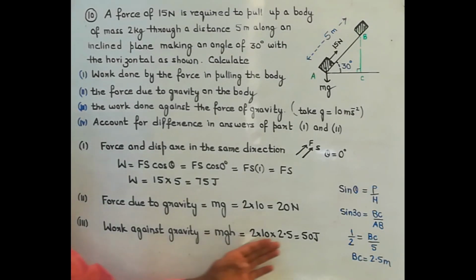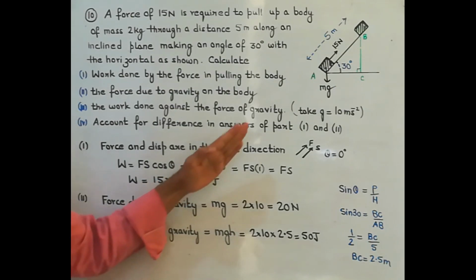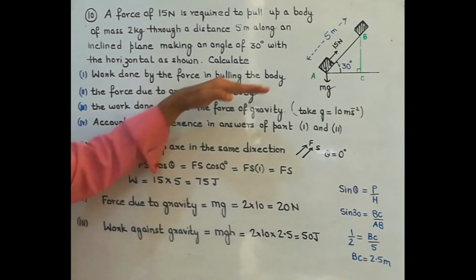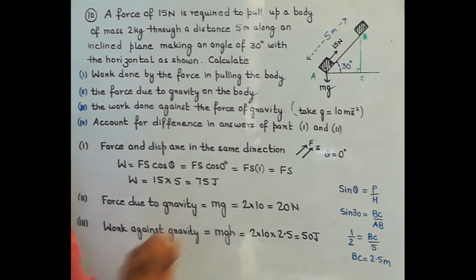We could have done it by using only 50 joule of energy. You see this point? If you are moving the body along AB, then you are doing how much work? 75 joule. But if instead of moving the body along AB, if you lift the body from here to here directly, then you have to do only 50 joule of work.